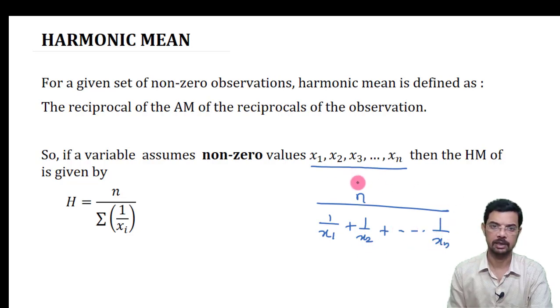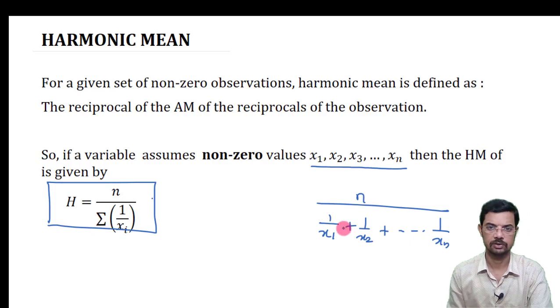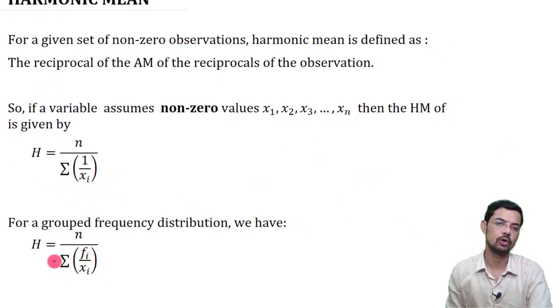Mathematically this can be written as H is equal to n divided by the sum of all 1 by xi's. That's it, the same thing. Instead of putting plus, we use the symbol sigma.